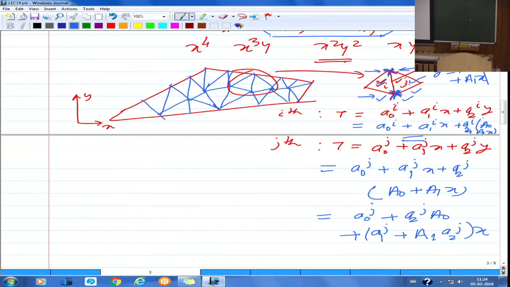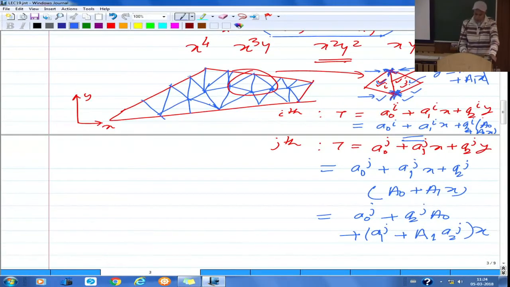So once you have the same value of T at this particular node belonging to both the elements, the linear variation is obviously going to be unique. So what it means is that there is going to be continuity of T across the element boundaries, across the element edges for this particular case.